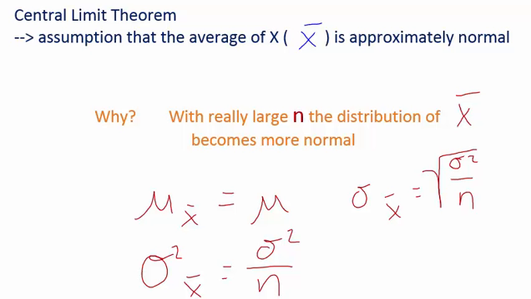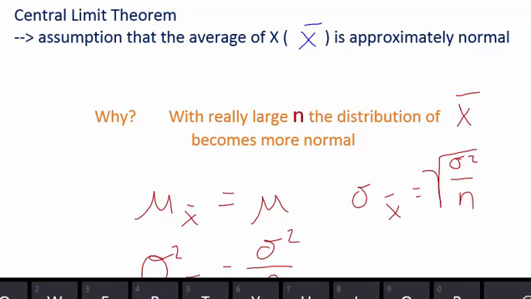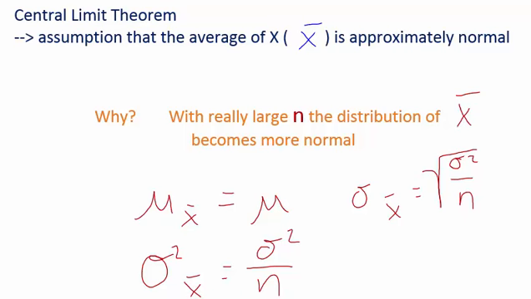Because of this assumption that we can make using the central limit theorem, we can use some of our sample statistics. Here we can say that the mean of x bar, so the mean of our average, is just equal to the mean.